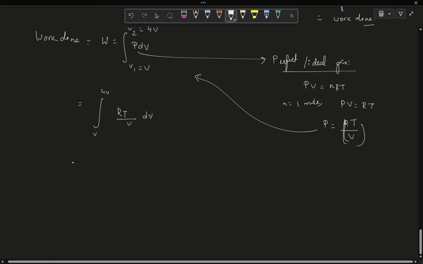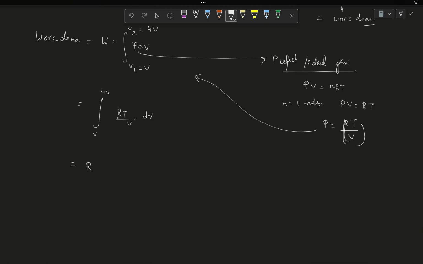R is the universal gas constant, so it is obviously constant and comes outside the integral. Similarly, because it is an isothermal process, T is also constant, so it is also outside the integration. Then it is simply dV by V, from V1 to V2. We'll put the values of V1 and V2 at the very end, so let us keep them as V1 and V2, initial and final volume.